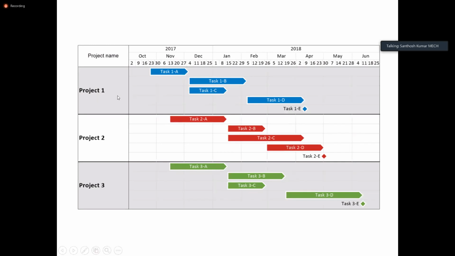So on the y-axis they will mention the project name. Next to the project names they will sometimes keep department names, because they need to follow up based on the department.